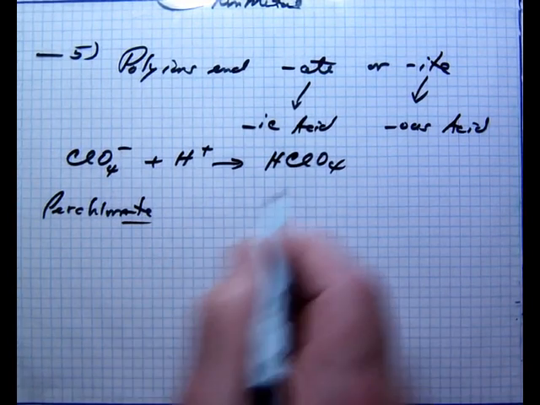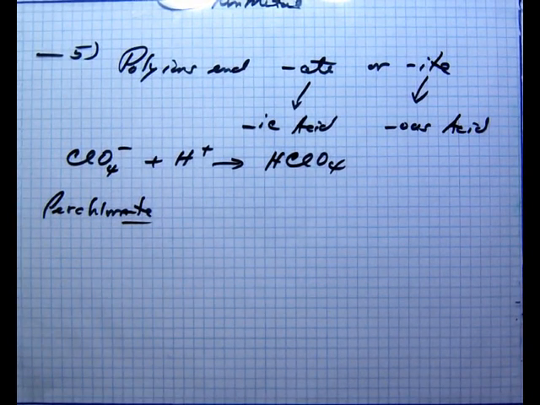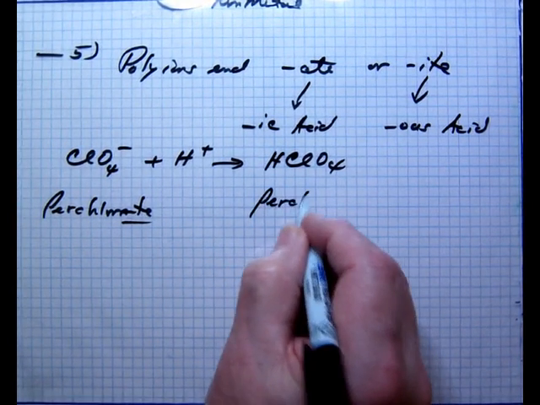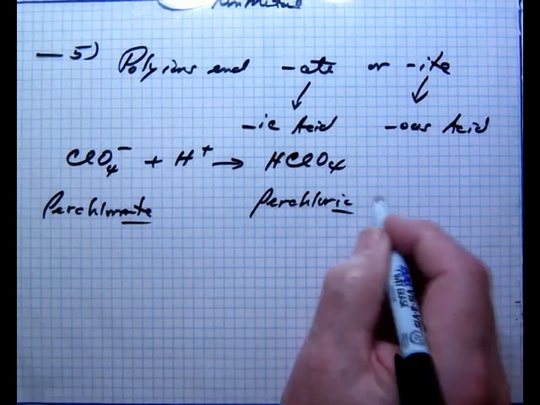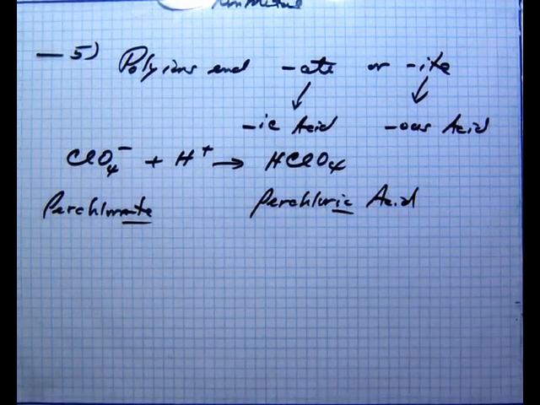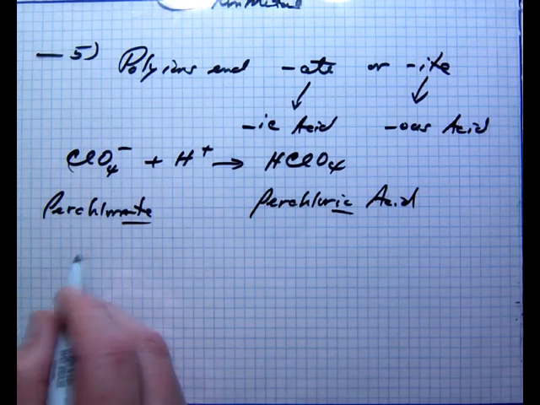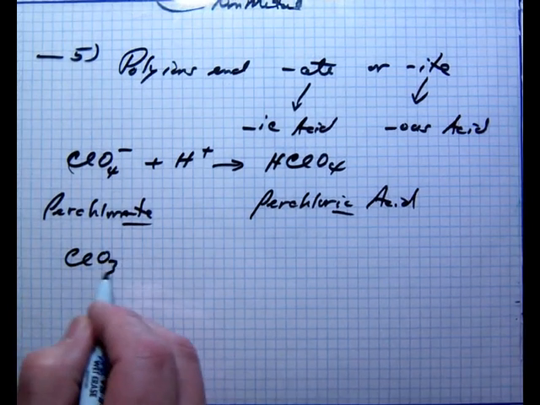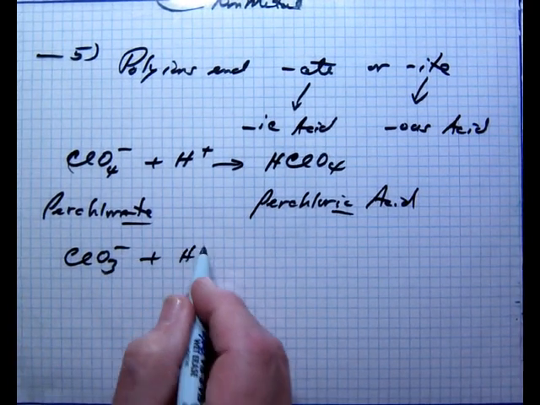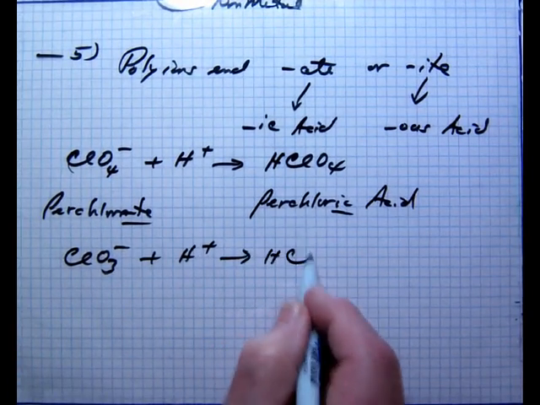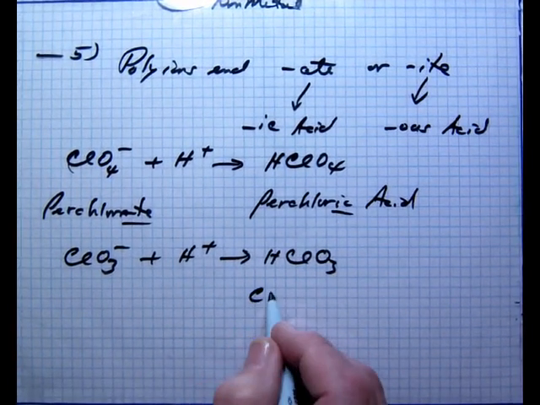Now, as an ATE, we want perchloric acid. And you can have the chlorate, and just to emphasize, ClO3 minus plus the hydrogen goes to HClO3, and that's chloric acid.